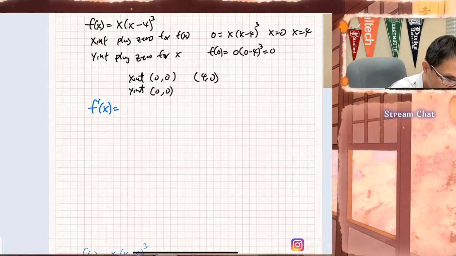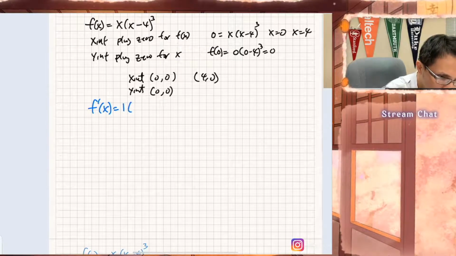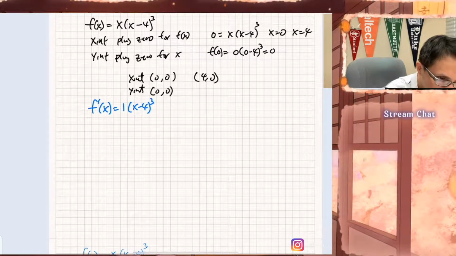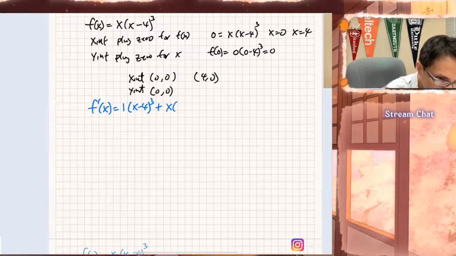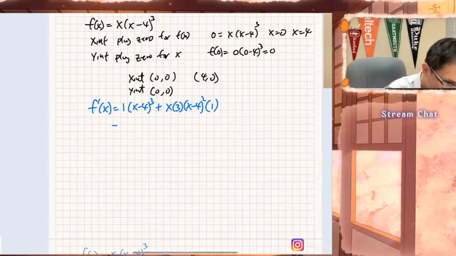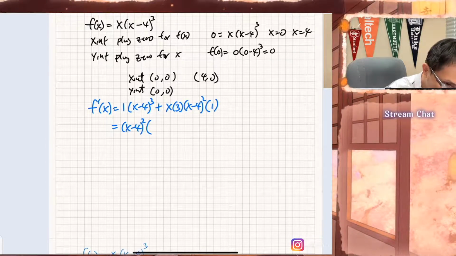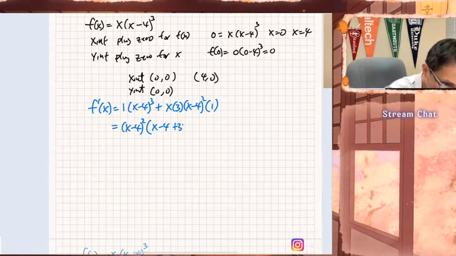I got the derivatives, now what do I do? So if I take the derivative of x, that is 1, right? And that's going to be x minus 4 to the third plus x times 3 times x minus 4 to the second times 1. And I can factor out x minus 4 to the second. If I do that, I'm going to get x minus 4 and plus 3x.